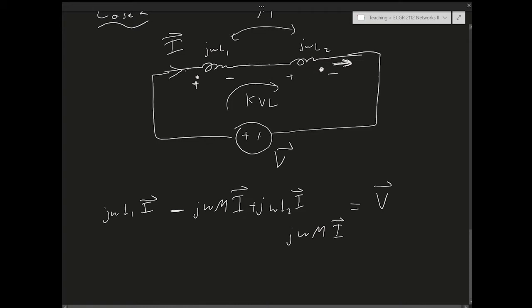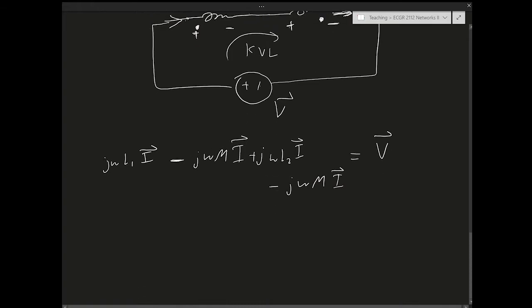I is going into the dot, so this is positive, right? But I'm not done yet. I need to check the polarity of the voltage I'm adding into the KVL equation with respect to the dot. Aha, notice here the polarity is opposite. The voltage polarity is this, but the dot is in an opposite configuration, so this becomes minus also.